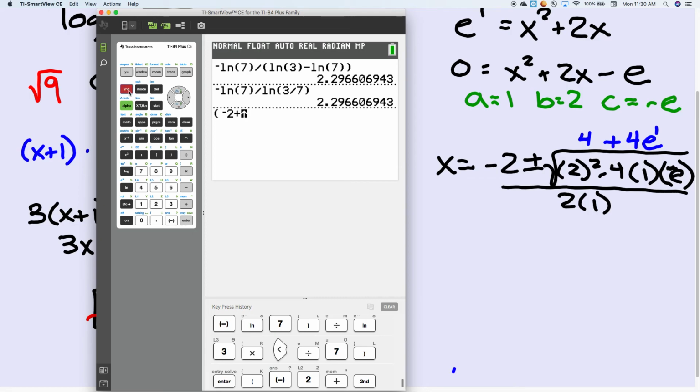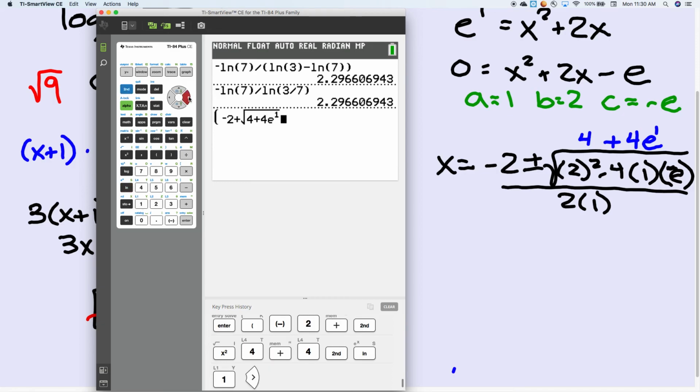Then I'm going to pull my square root. Now, my calculator has all the stuff under the square root, so I can just type 4 plus 4e. And I'm going to give it an exponent of 4e to the first, and I can get out of the square root by hitting to the right and then close my parentheses.